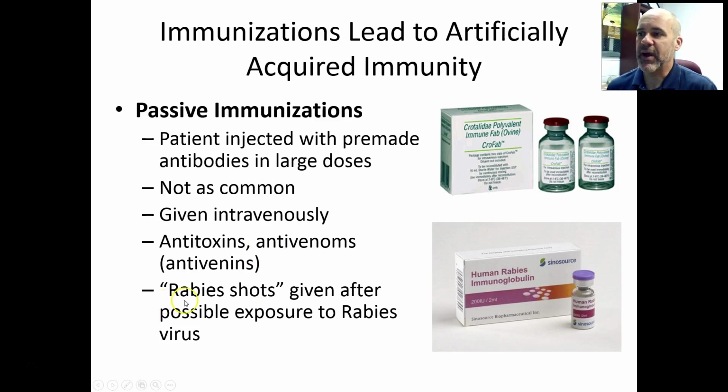Another example, rabies shots. So I know when I was a kid, the worst thing you could possibly imagine having were rabies shots. If you got bitten by an animal and didn't know for sure whether it might be rabid, you might have needed to receive rabies shots.